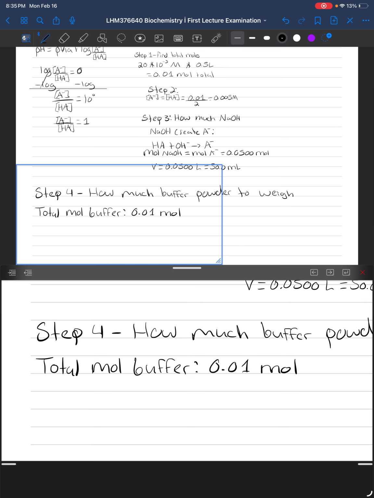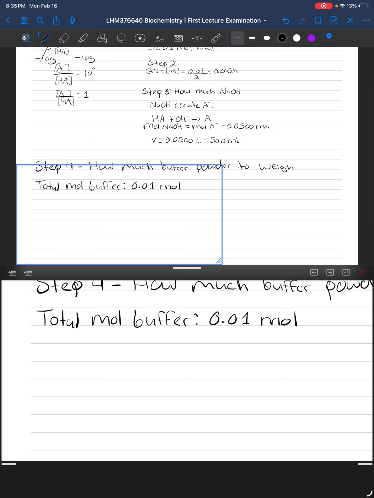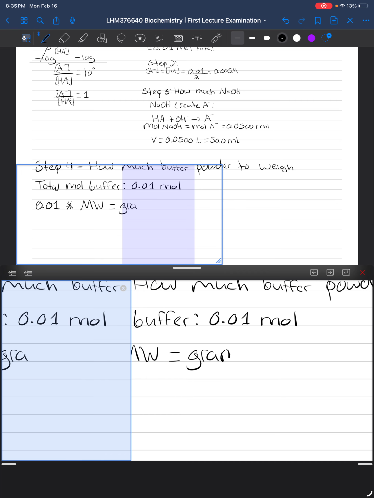How we solve this is 0.01 times the molecular weight equals grams, because it's the same as before, the total buffer amount doesn't change.